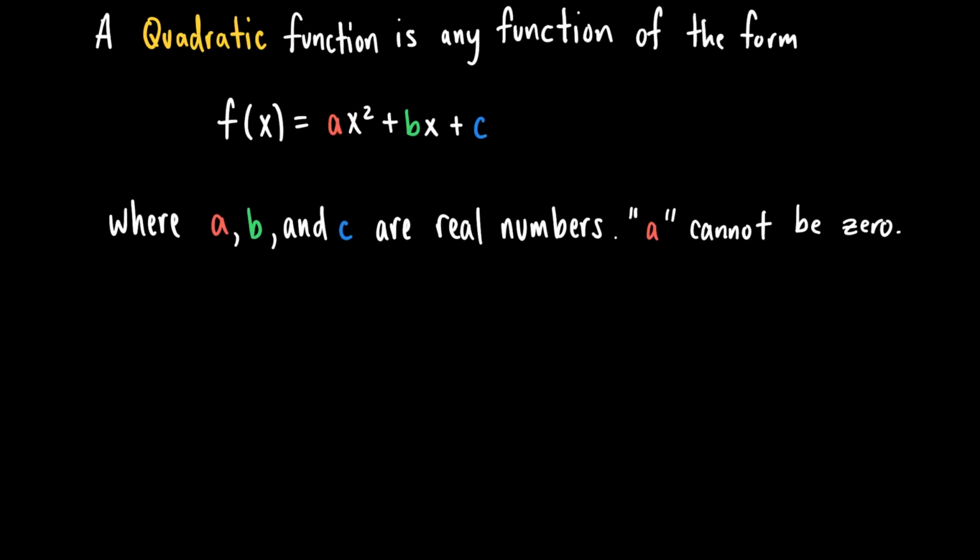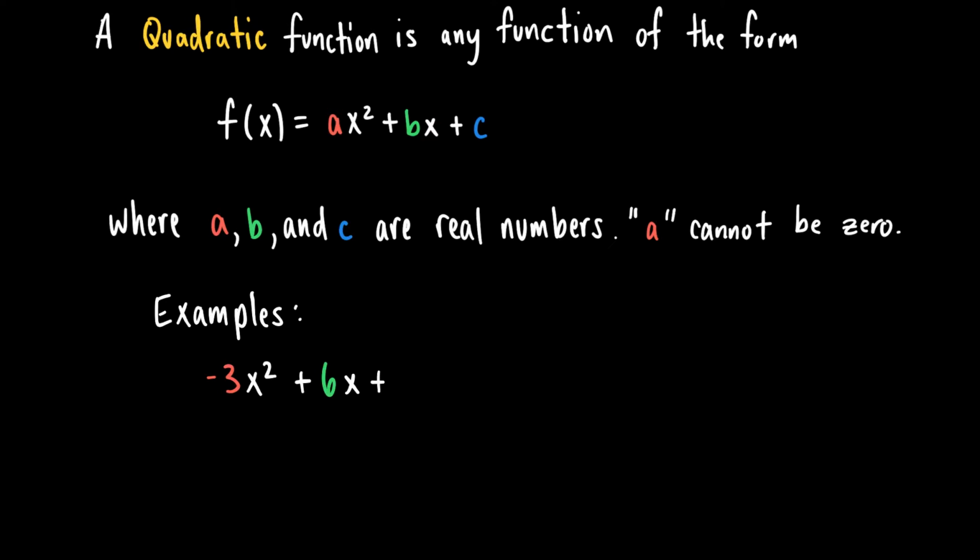So what if we had something like negative 3x squared plus 6x plus 12.